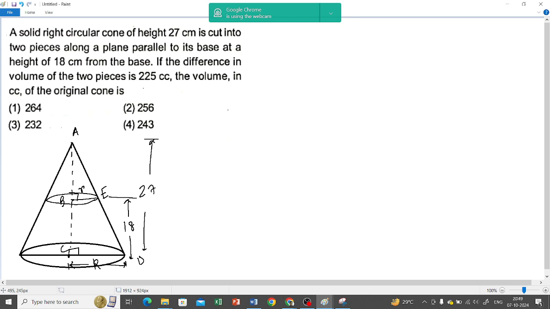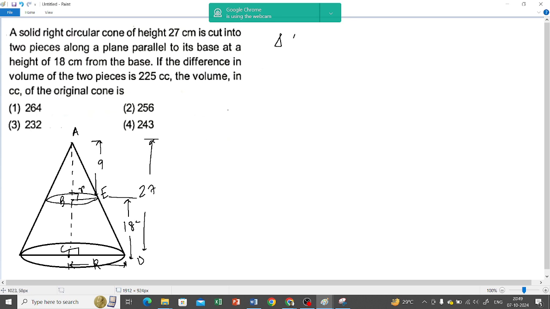If the difference in the volume of the two pieces is 225, which two pieces? This upper smaller cone and the remaining one. Okay, so we need to find out some relationship. If this is 18, what is this? 9, right?